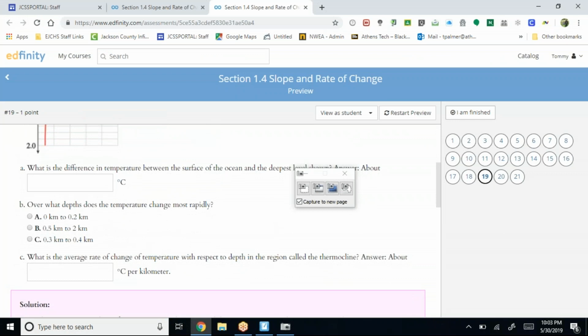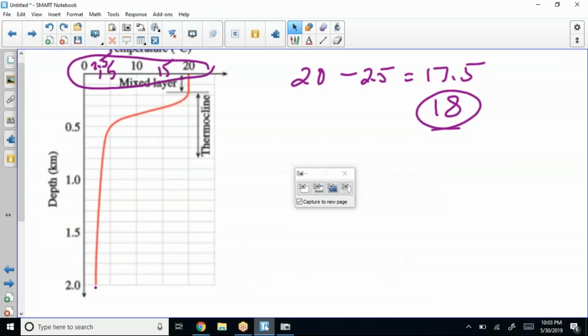Over what depths does the temperature change most rapidly? Okay. So let's look. If we look at rates of change, like this would be one section.